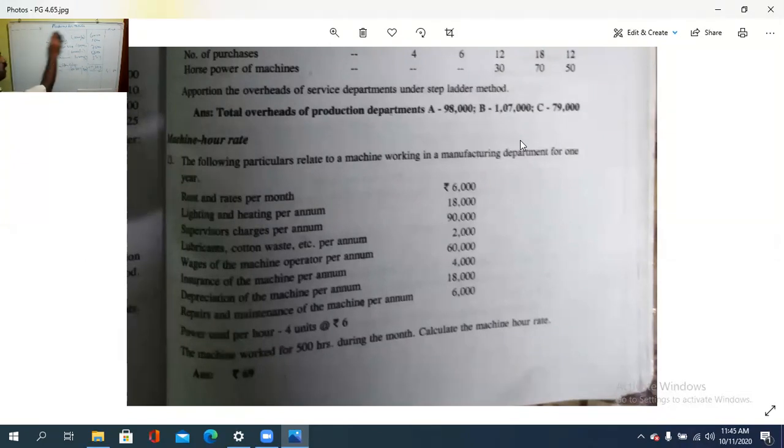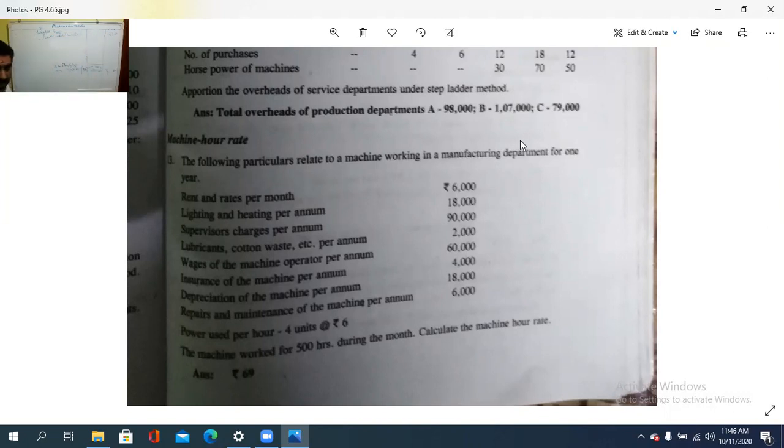Next, we need to put the variable cost, variable charges. So variable expenses, what all are there? One is power used. Power used is 4 units at the rate of 6, so 24.